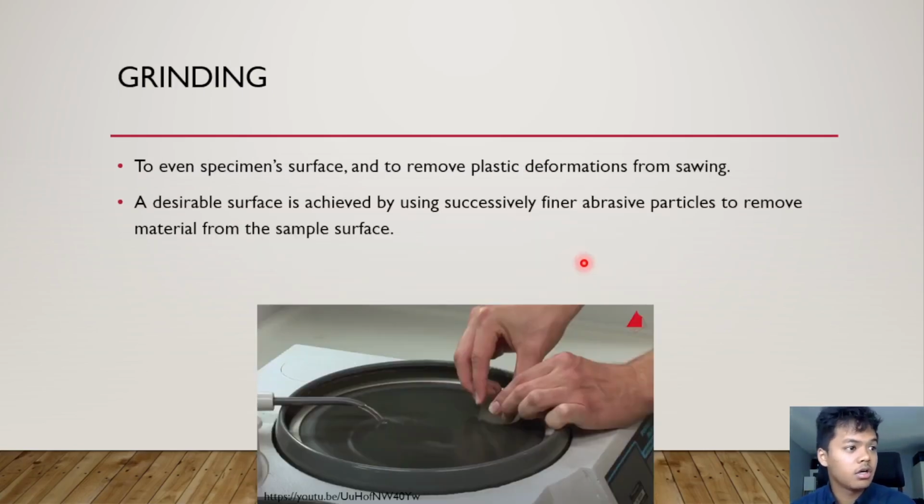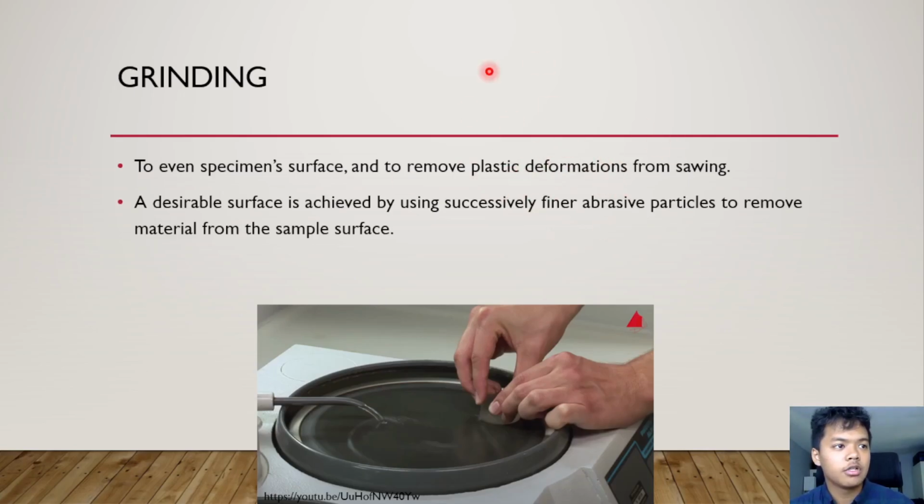Okay, next we are grinding, to even the specimen surface and remove plastic deformation from sawing. A desirable surface is achieved by using successively finer abrasive particles to remove material from the sample surface. So we grind so that we can remove the plastic deformations from sawing.